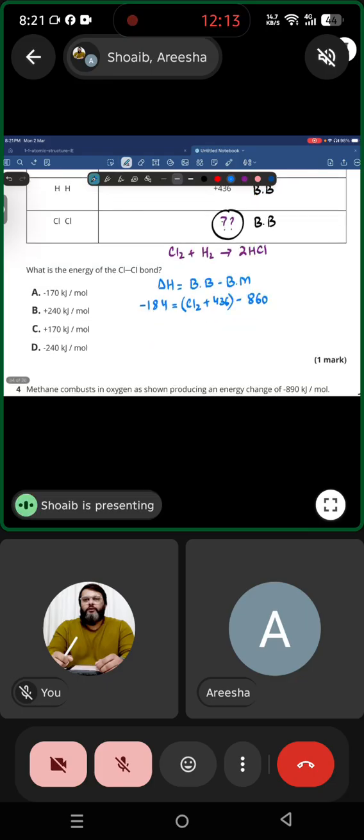Now this value moves to the other side. So the chlorine is equal to positive 860 minus 184 minus 436. Yes, please give me the answer.